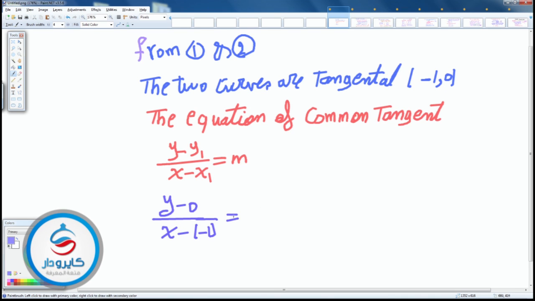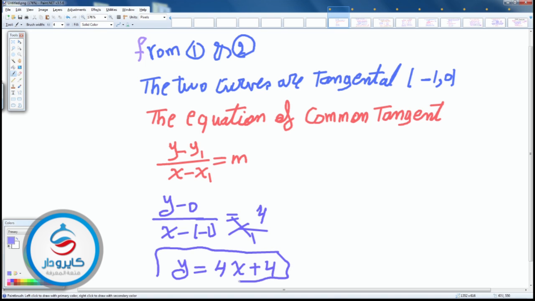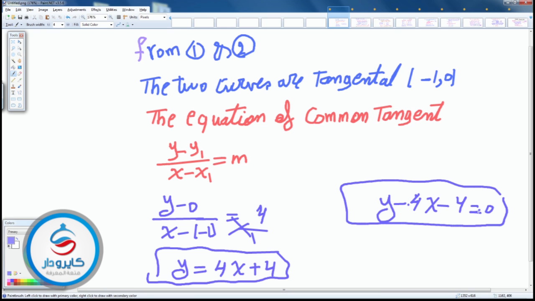So what about the slope m? The slope is equal in both cases, it equals 4. So by cross multiplication we get y equals 4x plus 4. This is the equation, or we can write it as y minus 4x minus 4 equals 0 if we need to put this equation in symmetric form. And this is the equation of the common tangent.